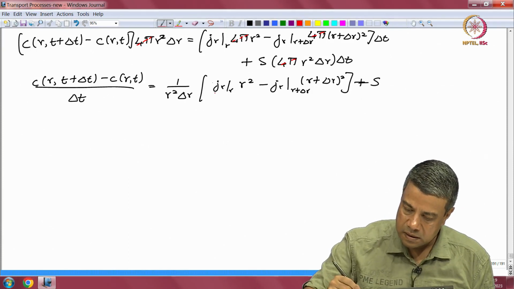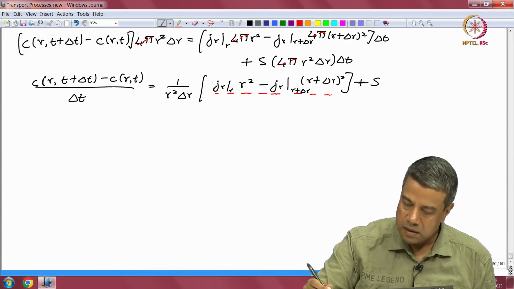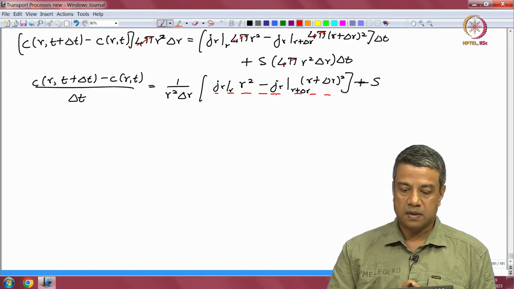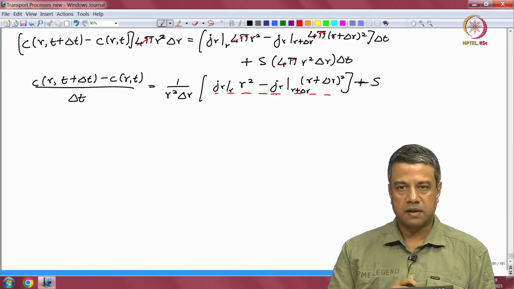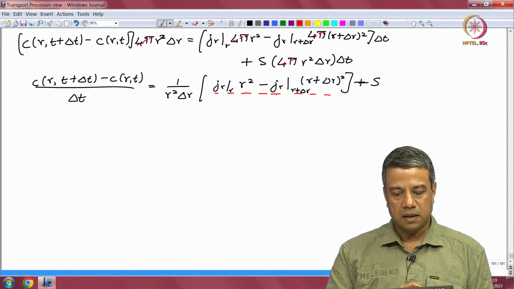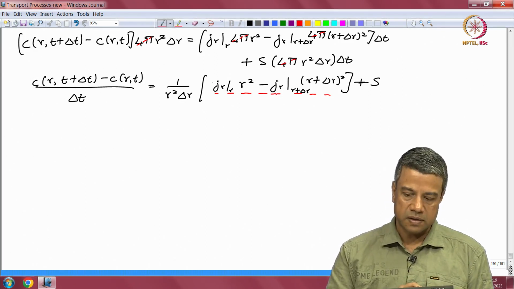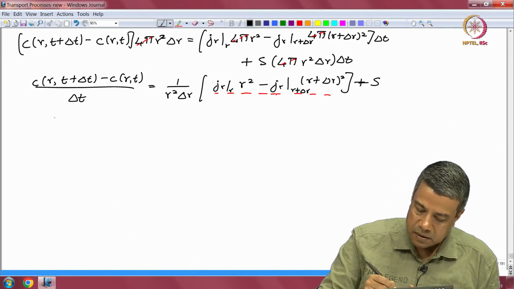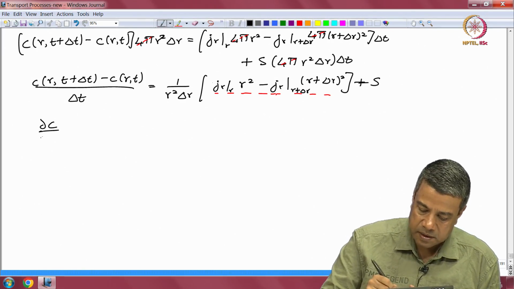This thing here is the derivative of J r times r square with a negative sign. Now that I have got this difference equation, I have to take the limit of delta t going to 0 and delta r going to 0. On the left side, I will just get partial c by partial t.